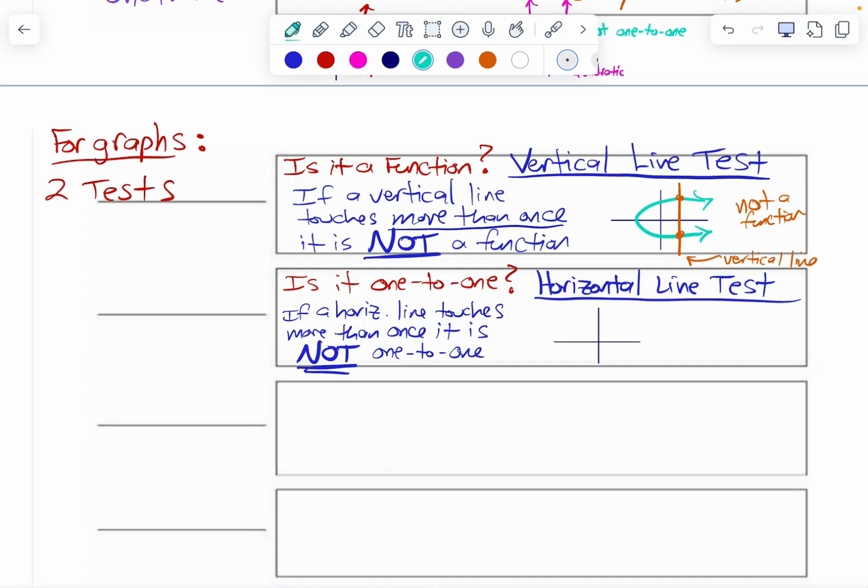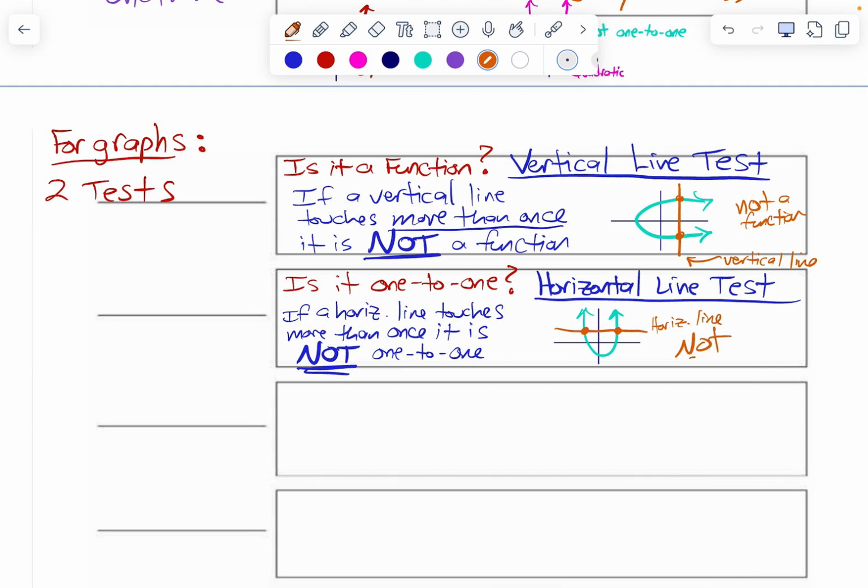So if we have our parabola and we draw some horizontal line through it, it touches more than once. So not one-to-one. All right, let you get caught up there.